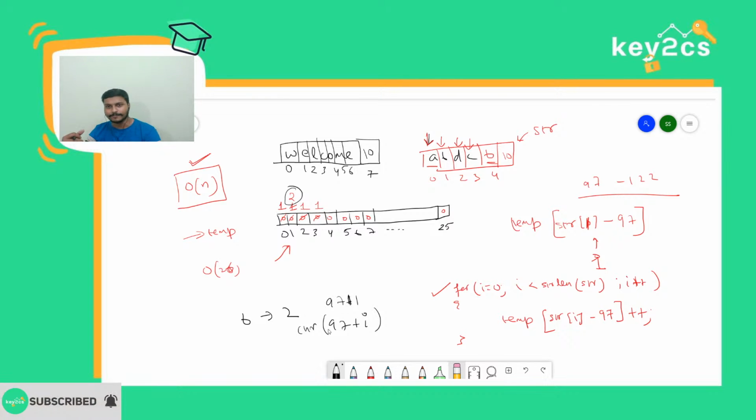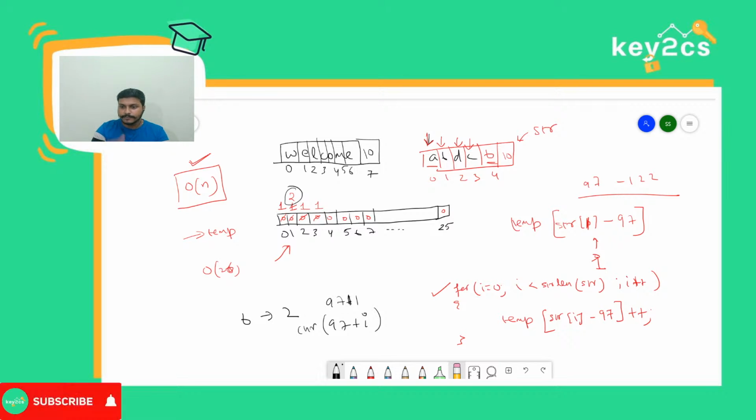What about pangram? What is a pangram? It would contain all the alphabets.